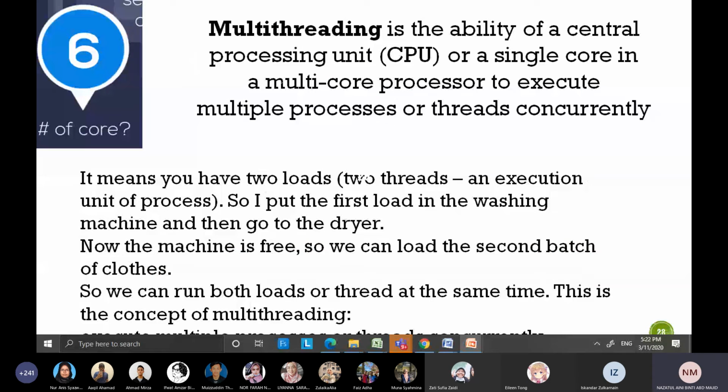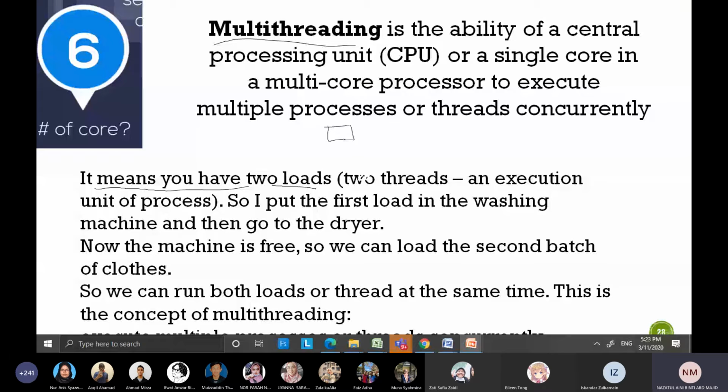Before we go to the meaning of multi-threading, let's say you have two loads. Maybe you don't wash your clothes for 2 weeks, so you have two baskets now.